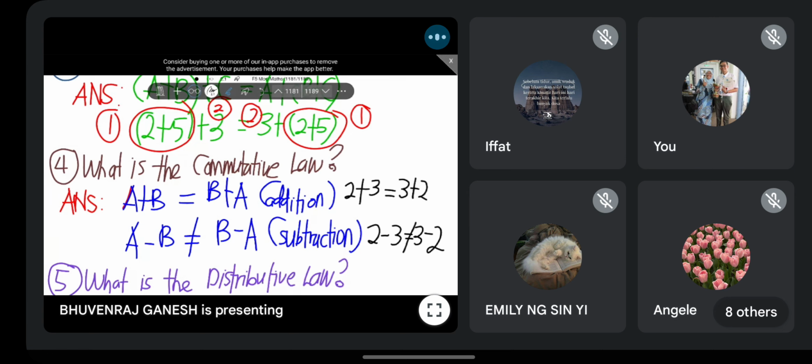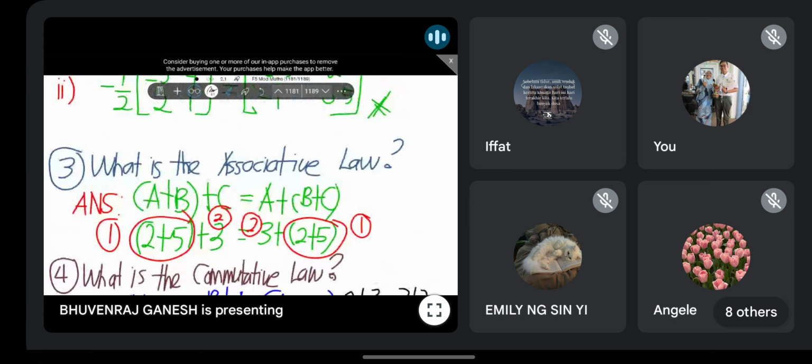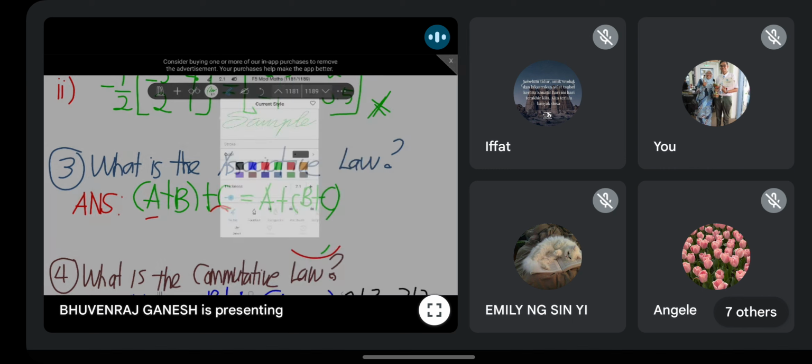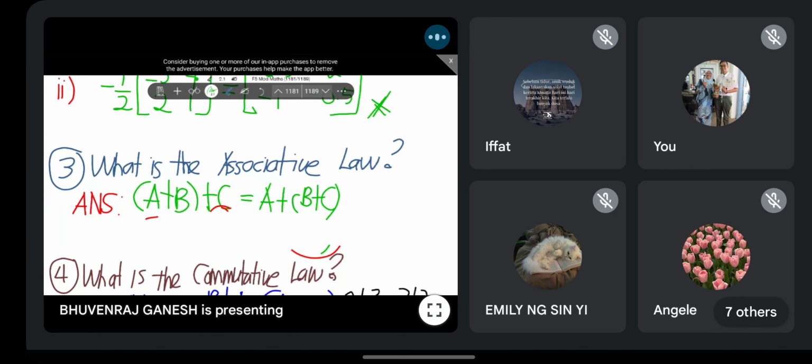Okay, so next one now. Okay, just now I forgot something. For the associative law, there is also a subtraction part. Let me show you down here. I forgot the subtraction part. So for the associative law, the subtraction part is basically like this.